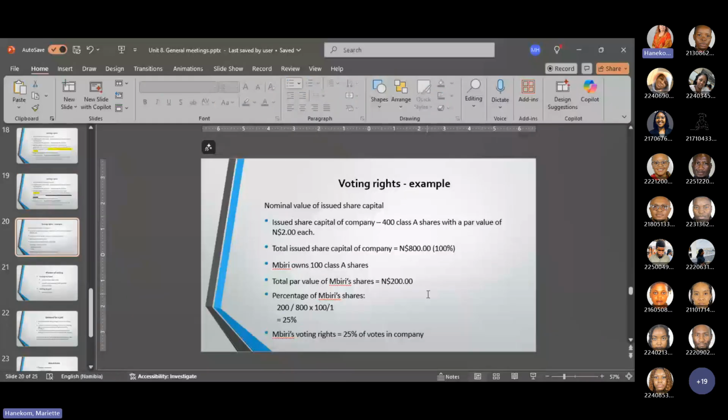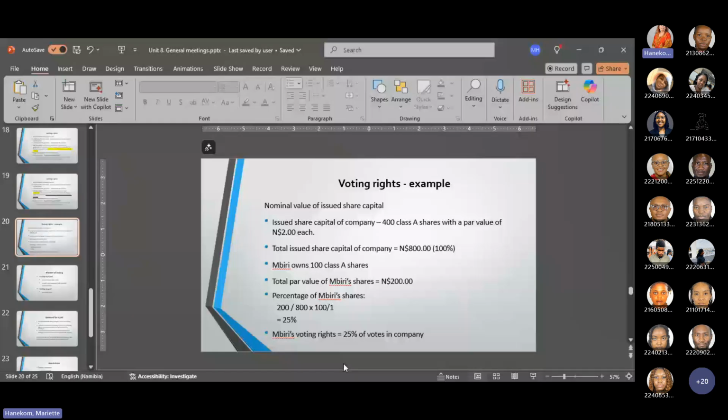So you calculate the percentage. Simple maths, you will have your calculator with you. He's got 200 of a total of 800. Calculate the percentage, that's 25%. The total value of his voting equals the percentage that he owns of the total value of the issued shares. So if the total of his shares is 25% of the total value, he has 25% of the votes in the company.